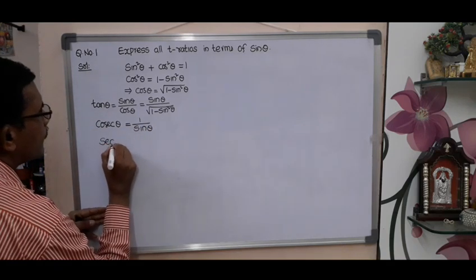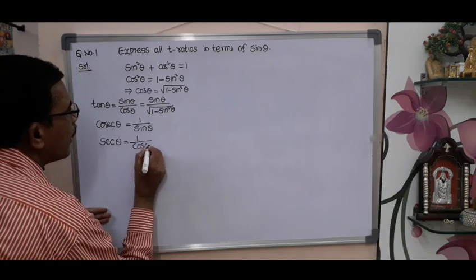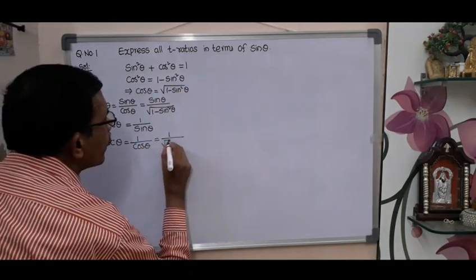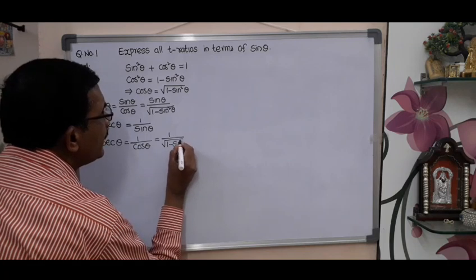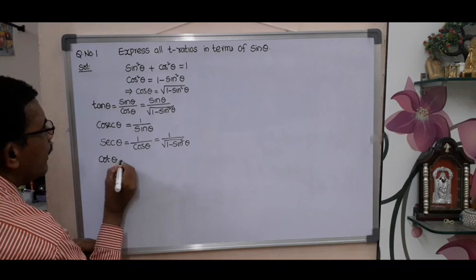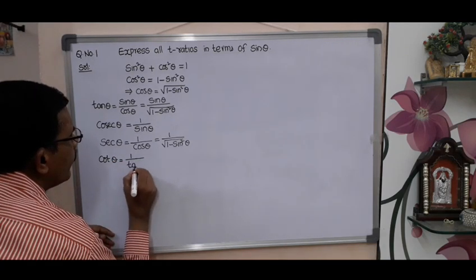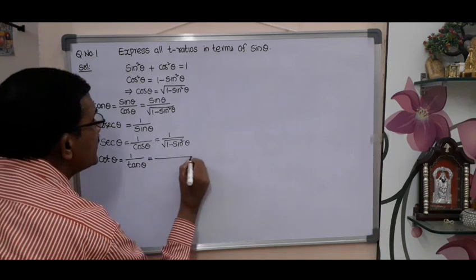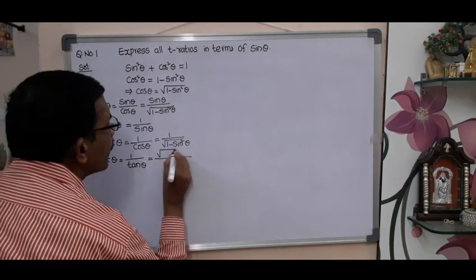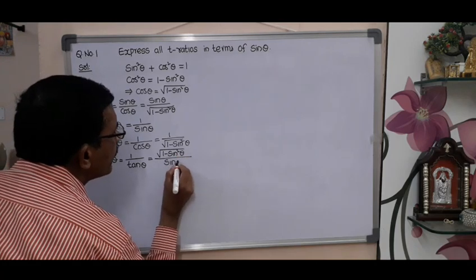Secant theta is the reciprocal of cos theta, that is equal to 1 by cos theta, that is 1 by under root 1 minus sin square theta. Now cot theta is the reciprocal of tan theta, 1 by tan theta. Tan theta is sin theta by under root 1 minus sin square theta. So cot theta will be under root 1 minus sin square theta by sin theta.